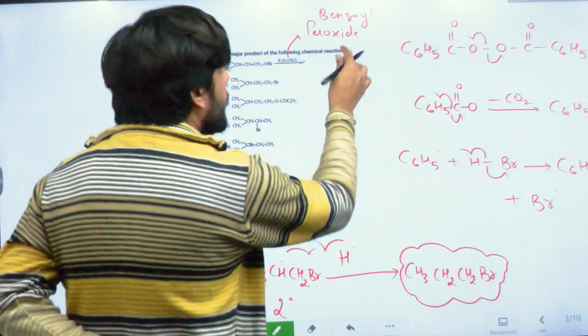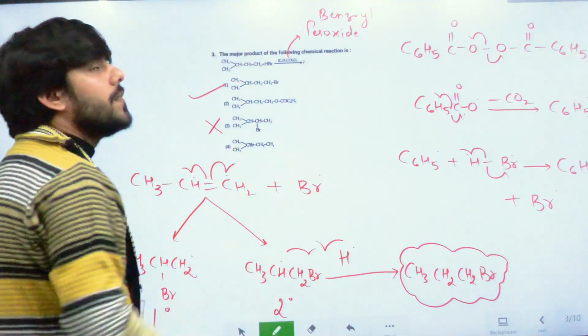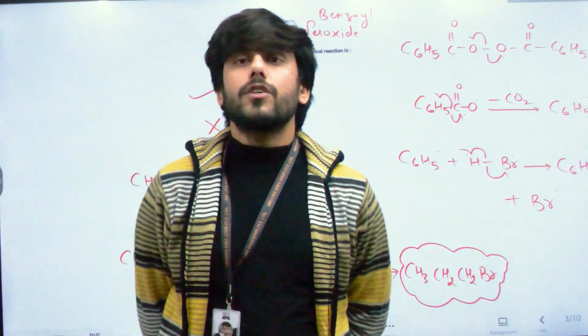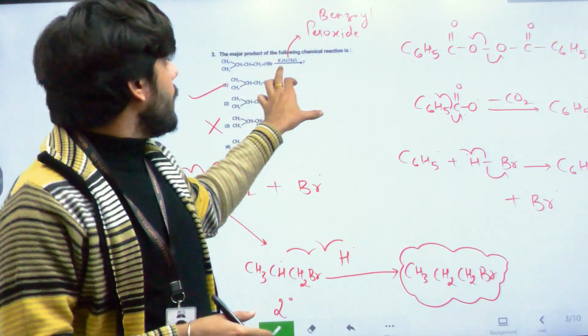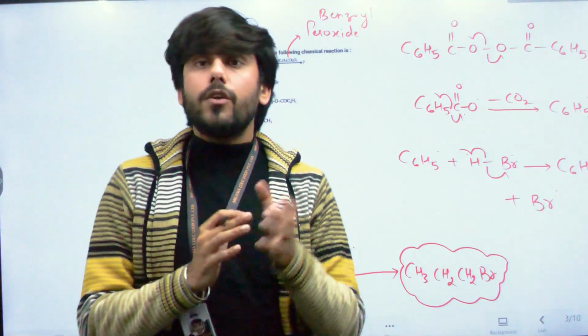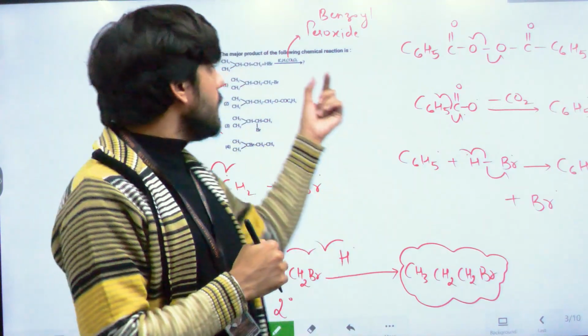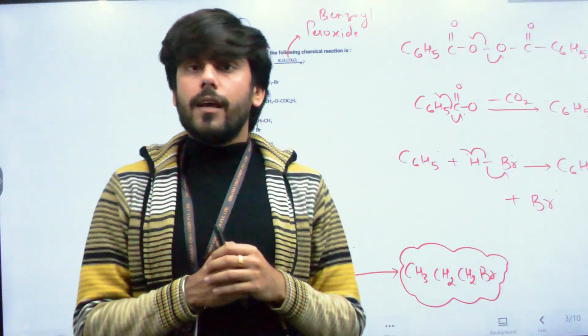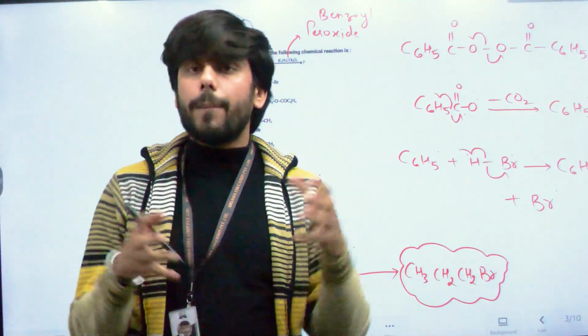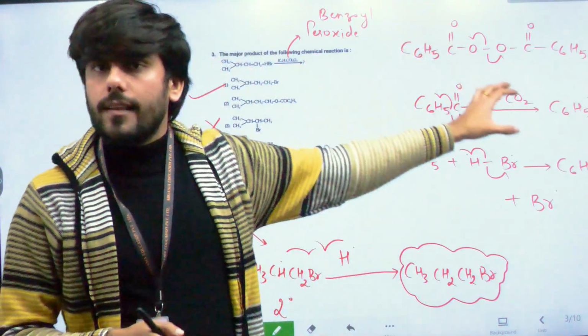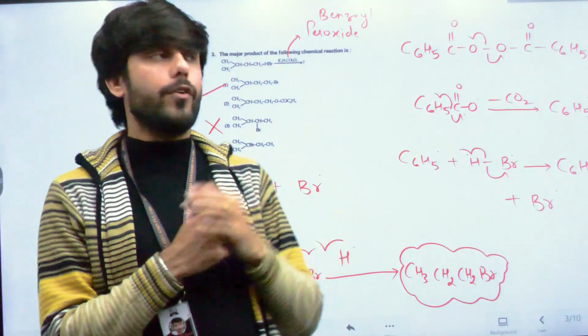So please note that the peroxide effect is only observed in the case of HBr, because in the case of HCl the bond strength is high, so we cannot break the bond homolytically to get chlorine free radical. And in the case of HI, though we get iodine free radicals, those iodine free radicals just couple and form iodine.